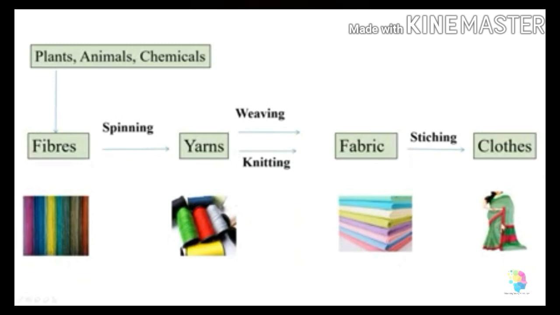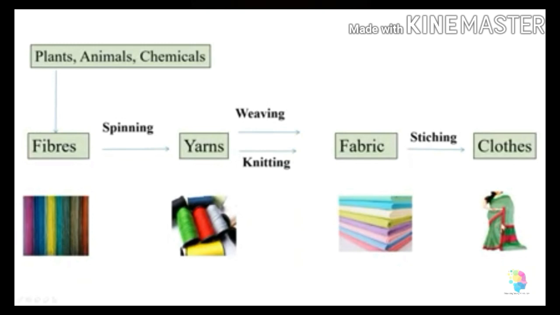So my dear students, for today we will learn up to this much. We learned how we get clothes, that is from nature as well as from man-made sources. And we get this from fiber. And these fibers are of two types. First one is natural fiber, second one is artificial or synthetic fiber.